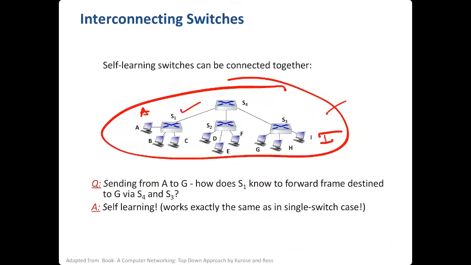This packet will go to B, C, then it will come here. This also doesn't know, it will go to D, E, F, then it will go to this place. It doesn't know where I is, it will go here. And here I will respond back and the learning will happen.